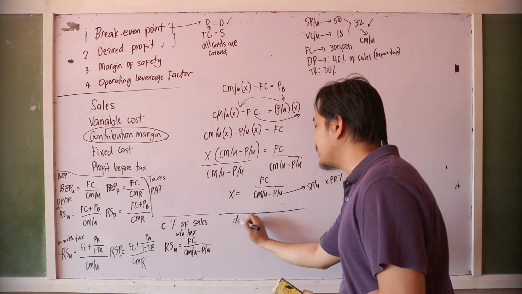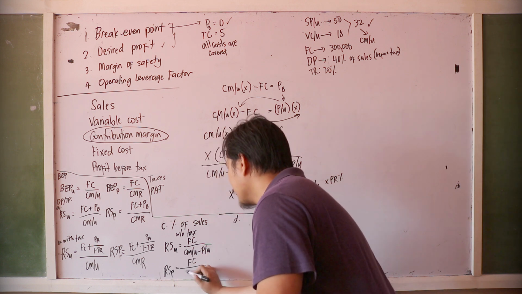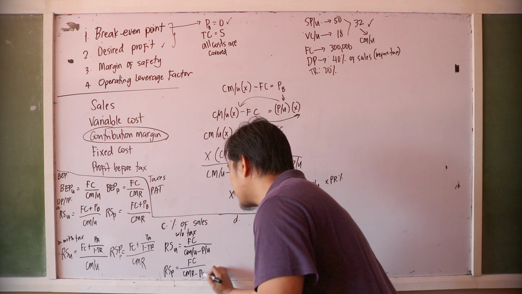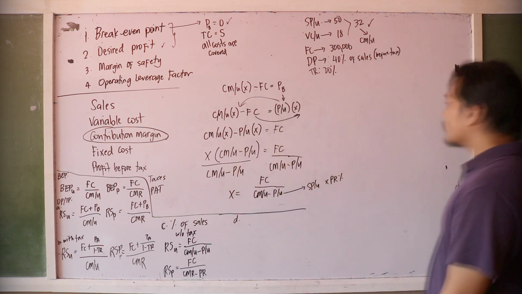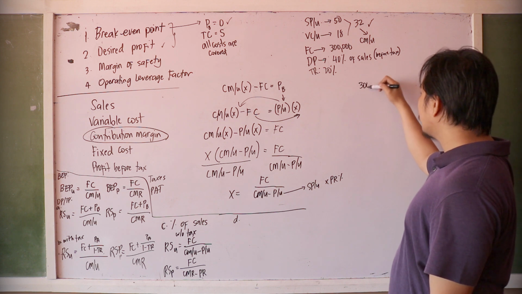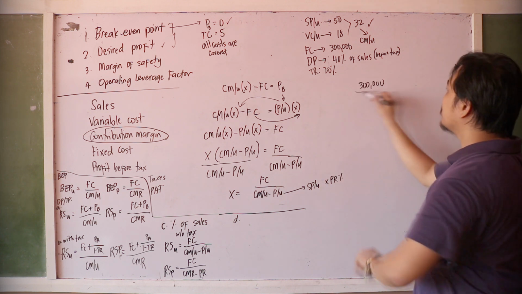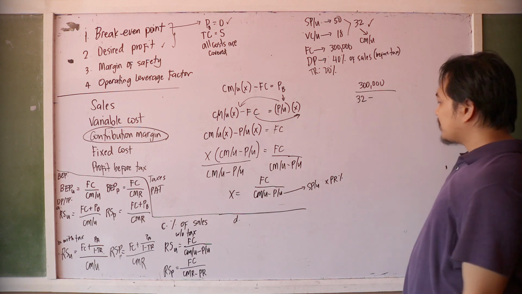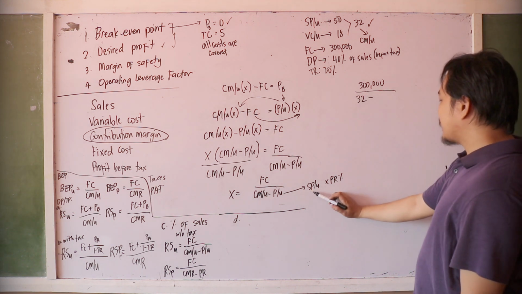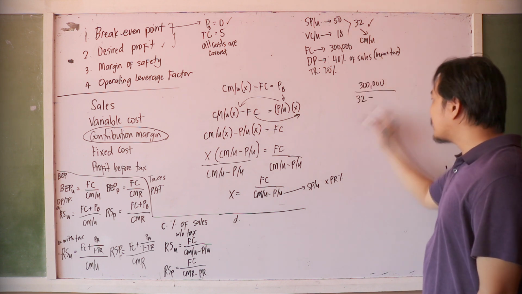Sa case letter D. Required sales in peso again is equal to fixed cost all over contribution margin ratio minus your profit ratio. Try natin. Fixed cost, that's equal to 300,000 pesos all over your contribution margin per unit, which is 32, minus profit per unit. Selling price per unit na 50 times your profit ratio, which is 40, that's 20.